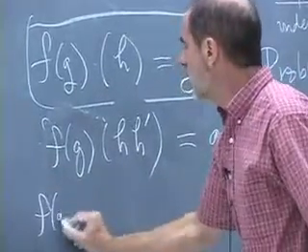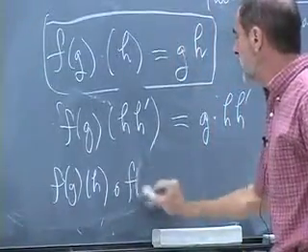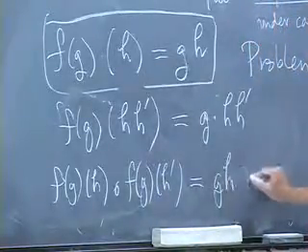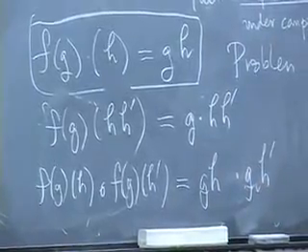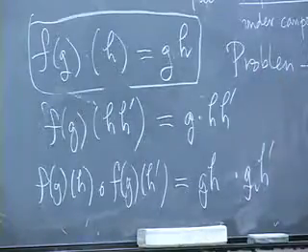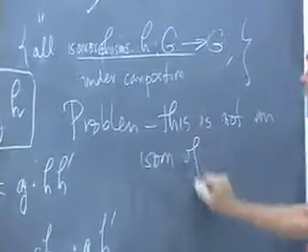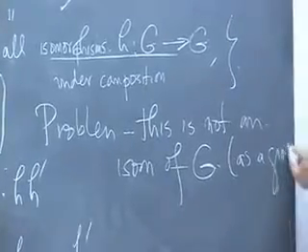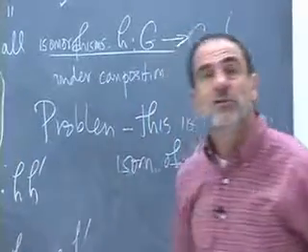Whereas f of g of h composed with f of g of h prime is, on the other hand, gh times gh prime. And there's no reason that that's equal to that. So it is not an isomorphism of G as a group. It's a nice set theoretic map that takes G to G, but it doesn't commute with the multiplication in G.